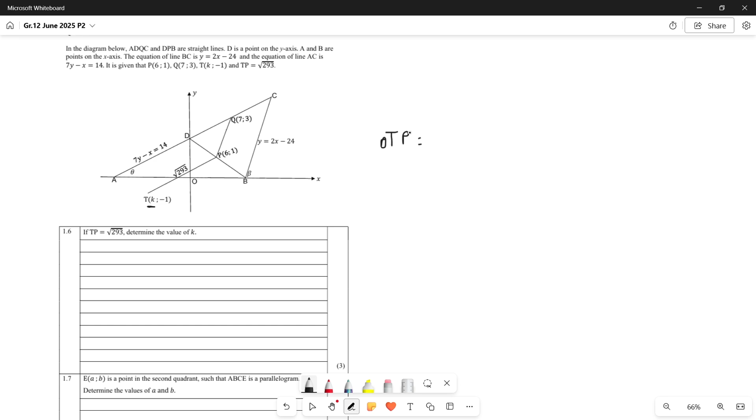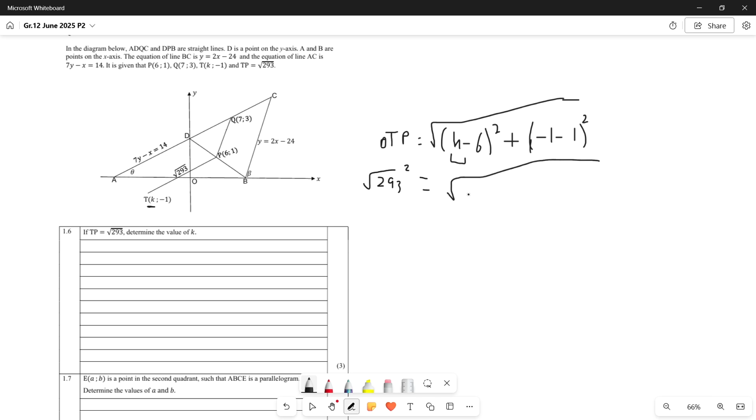So we have our distance of TP, that is the square root of (K minus 6) squared plus (minus 1) squared. And then we can just go ahead and solve for it. A reminder that TP was the square root of 293 because we're trying to solve for K here, which means we have to know every single other thing in this equation. So TP was the square root of 293. And then the nicest way to approach this line is to square both sides, to unhat it.